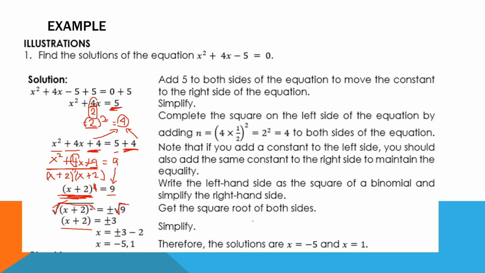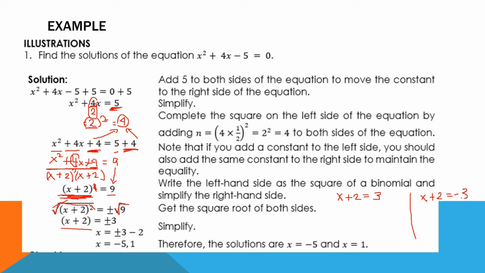So, dito tayo. So, if you can see, positive, negative 3 yan. So, ibig sabihin, x plus 2 is equal to, so isang positive 3. Then yung isa naman ay x plus 2, then equal siya sa negative 3.